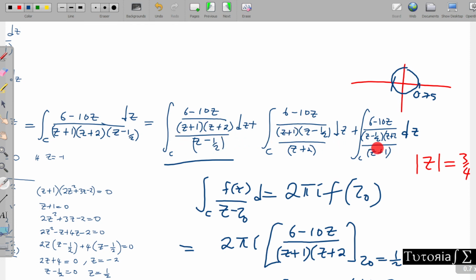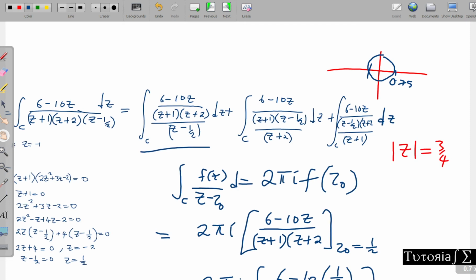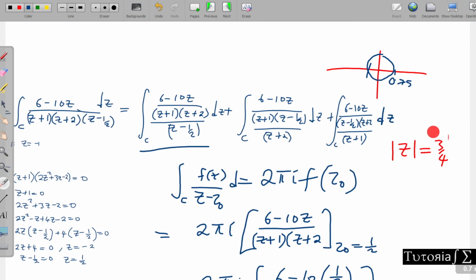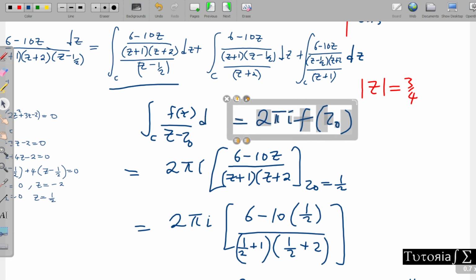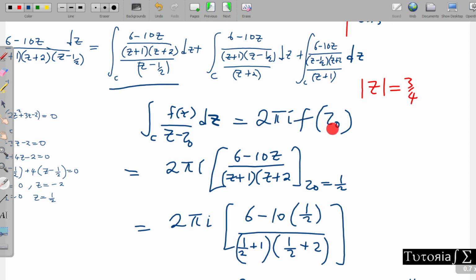Then from there you check which of the factors are inside the region of integration. Only those that are inside will be used. Those that are outside give zeros. For us it was only this one that was inside. Then we used Cauchy's formula: if you're integrating f of z over z minus z naught dz, it equals 2 pi I f of z naught.